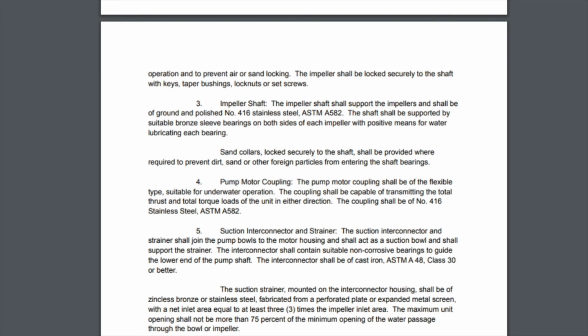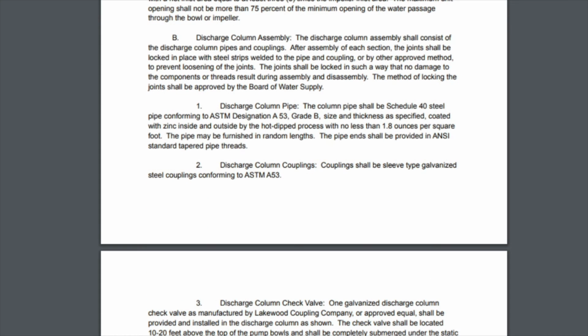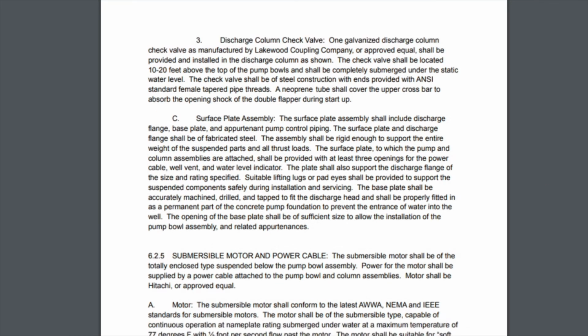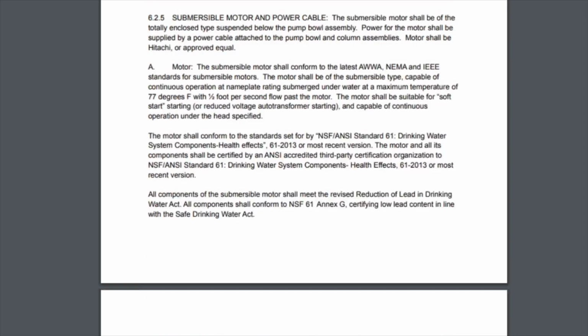That could be like the discharge column pump, where they give more specified things to talk about, such as this should be steel pipe. And going further down, the maximum temperature is 77 degrees Fahrenheit. So this is our spec sheet.